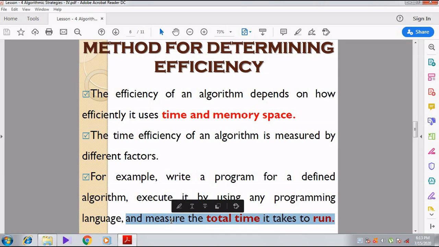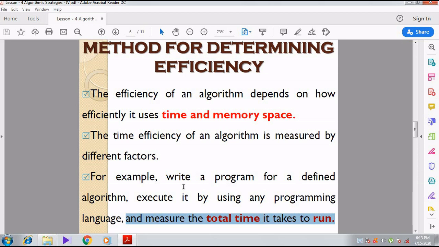So it depends not only upon the algorithm, it is also based on the memory of the computer, the speed of the computer, and what software we have installed in the computer. So here you take the time alone, how to measure the time.